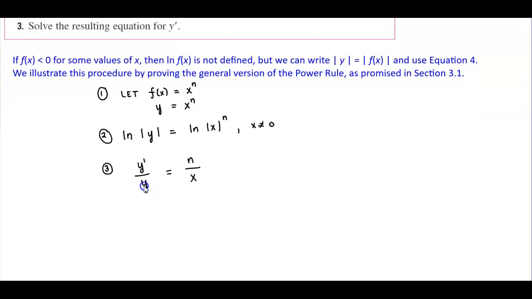Now, let's solve for y prime. That means we need to multiply both sides by y. So if we multiply both sides by y, we're left with y prime, which is equal to ny over x.